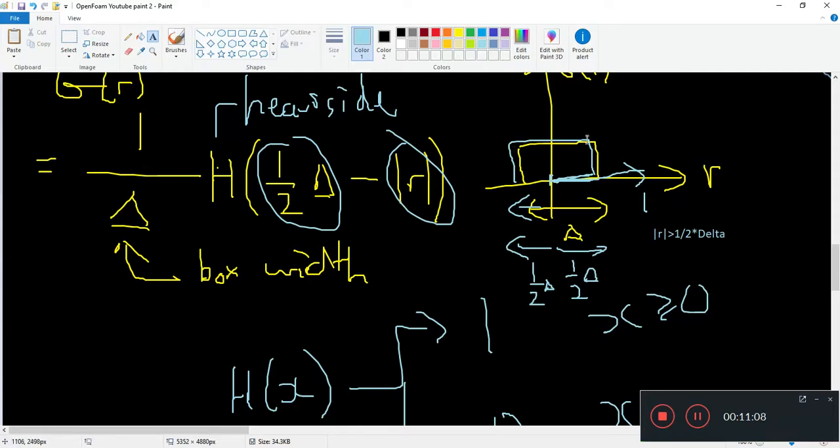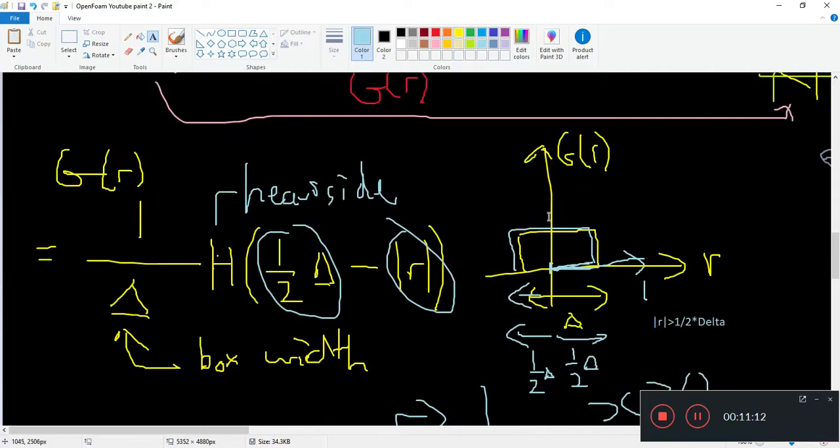So it is one where it is within the box width. If r is less than half delta, this box width, then we will have a value of 1 for this Heaviside function. Otherwise, if r is greater than half the box width, which is outside here, it will be 0.